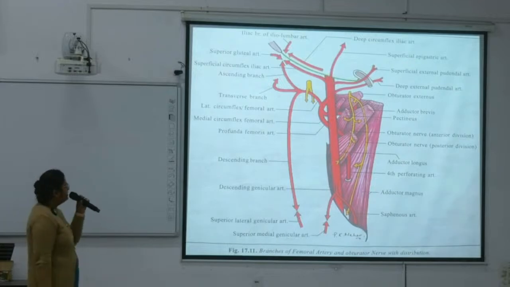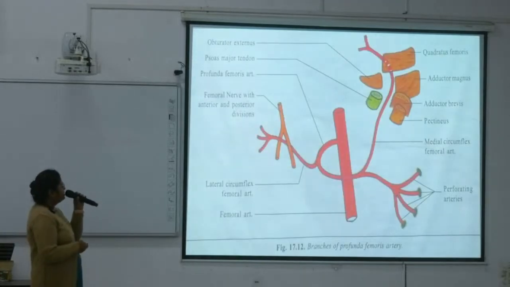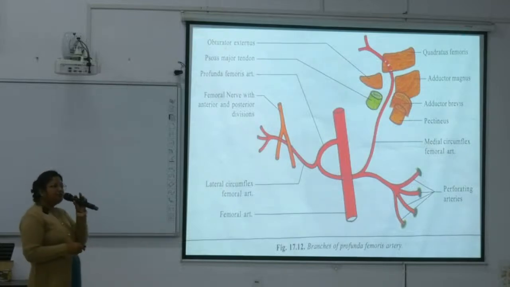Next, see, the profunda femoris gives the lateral and medial circumflex femoral arteries. The lateral circumflex divides into ascending, transverse and descending branches, and the medial also divides into ascending and transverse branches, taking part in formation of the different anastomoses. Trochanteric and cruciate anastomosis, and these are the perforating branches, terminal branches of the profunda femoris artery.